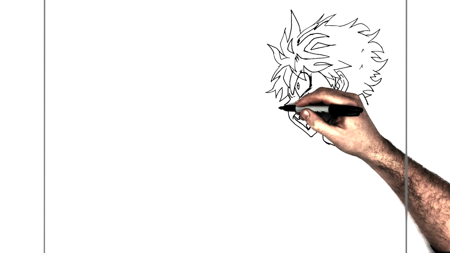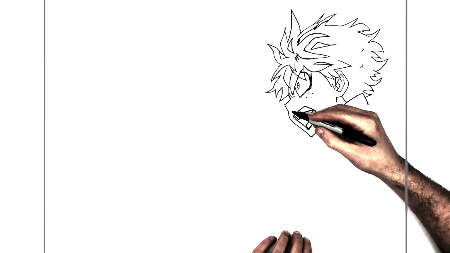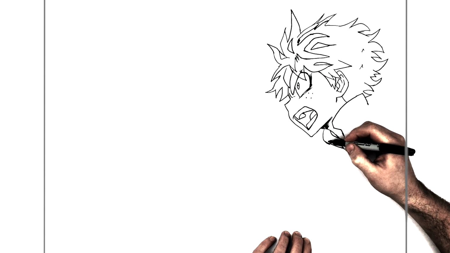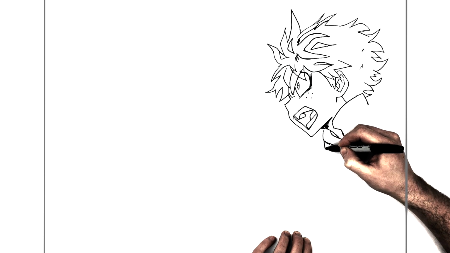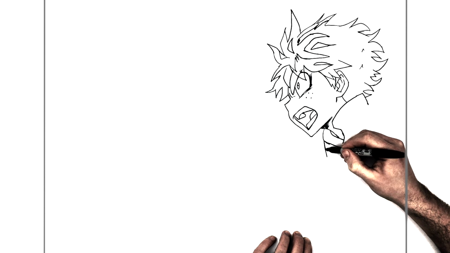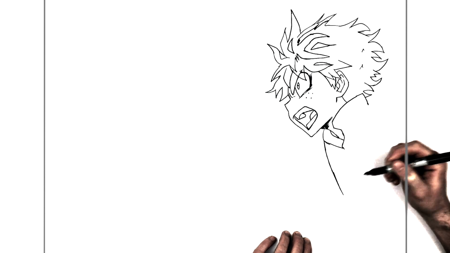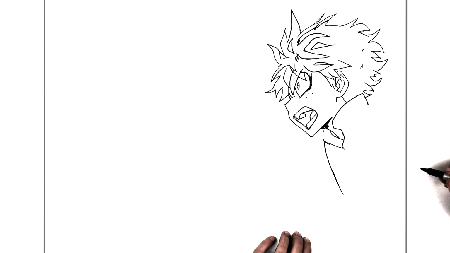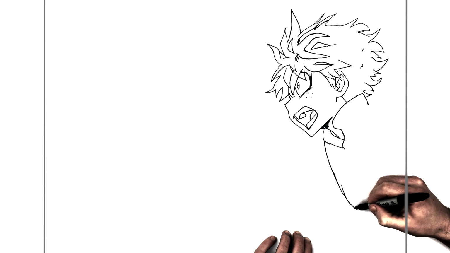Okay, so we'll do the sort of curved line for his torso. So coming down from just the corner of his collar here, we're gonna bring a line down like this. So that's the front of his chest. And this starts to come down this way.